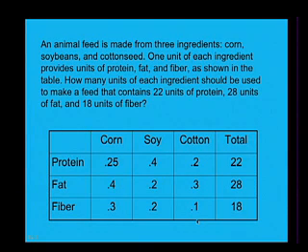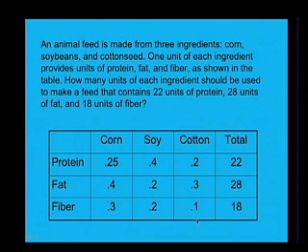And in the table, you see that we have corn, soy, and cotton, and protein, fat, and fiber, and the numbers that are associated with them. I'm not going to read them because I'm about to use them to create our equations. So we'll refer back to those numbers as I build my equations.